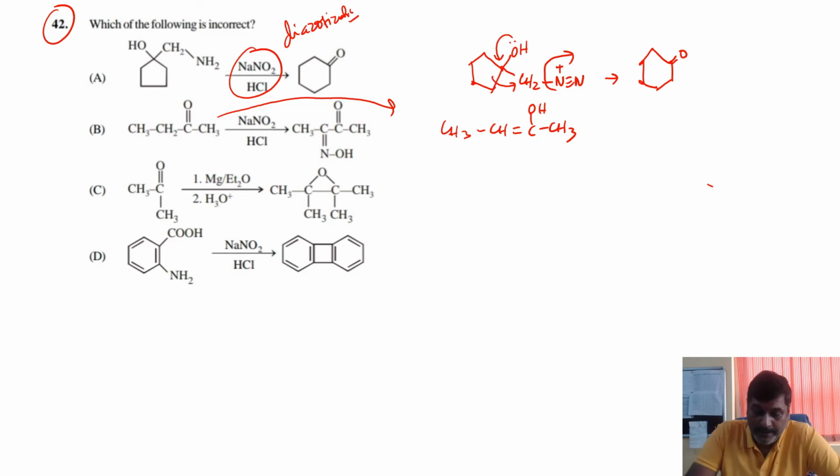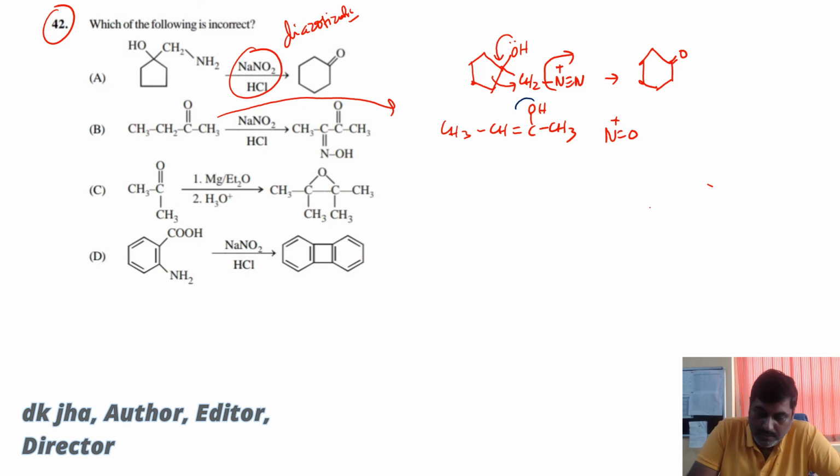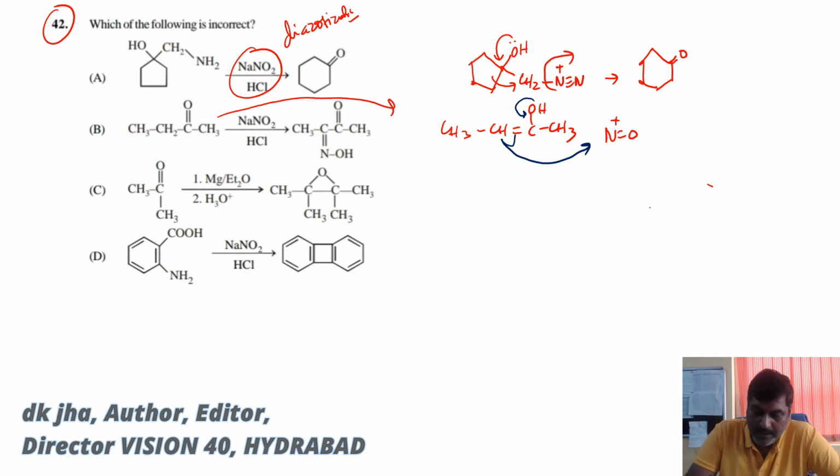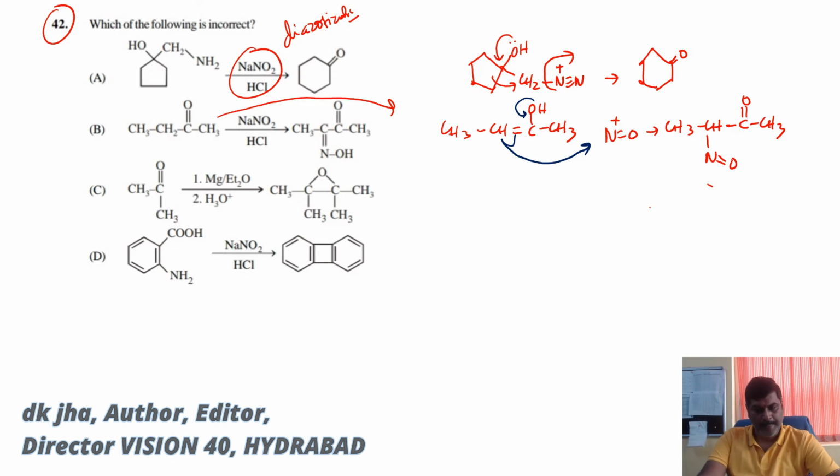You know it very well. And so when NO plus is present, this one is moving here, attacking over this, and finally we are getting CH3CH, and there the N double bond O, C double bond OCH3. That is true. Next, you see what happens here.